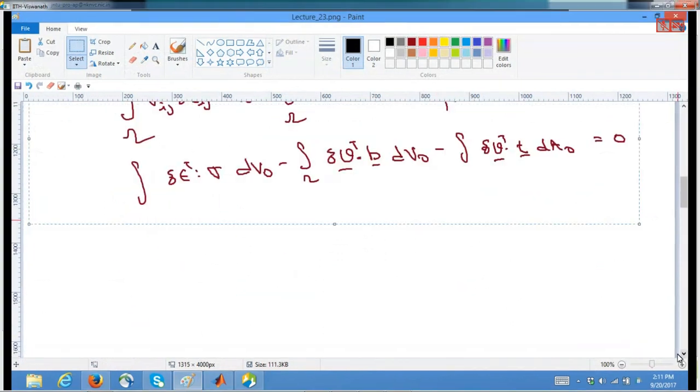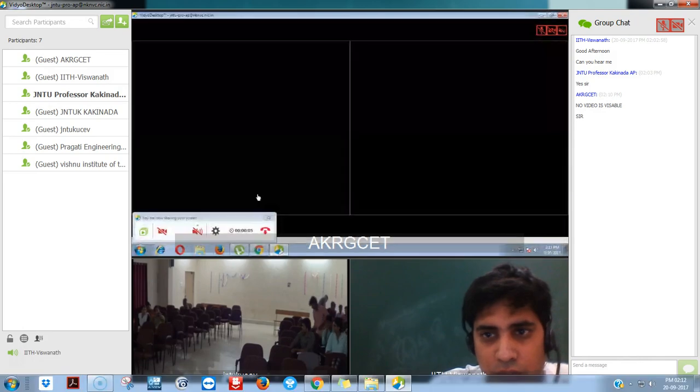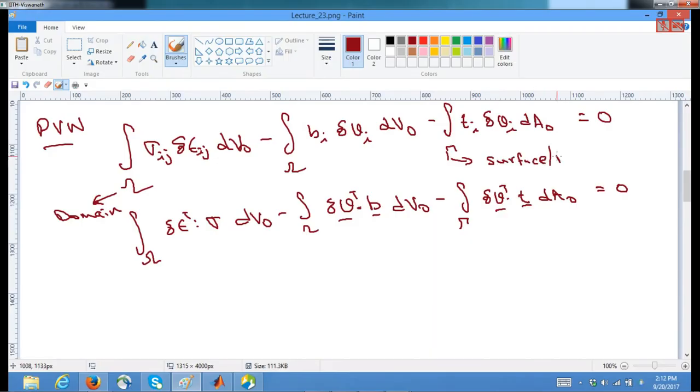So this is the internal energy, the external work. We have already shown the graph last time.